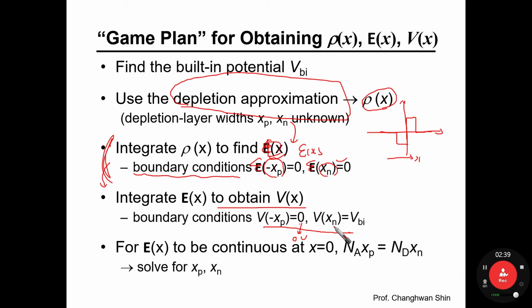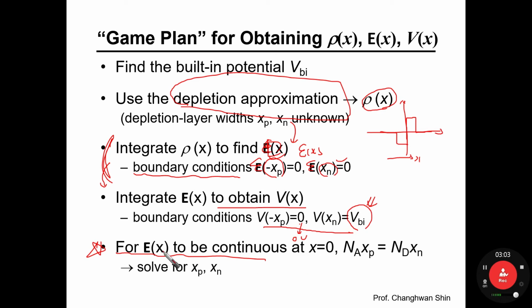Afterwards, at x_n, the opposite side of the depletion layer, it has its own built-in potential. We have no idea what this value is, but symbolically we have used V_bi.